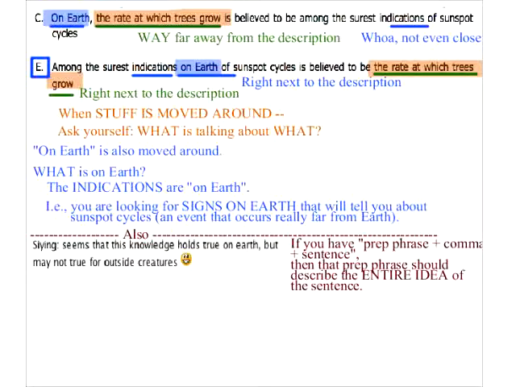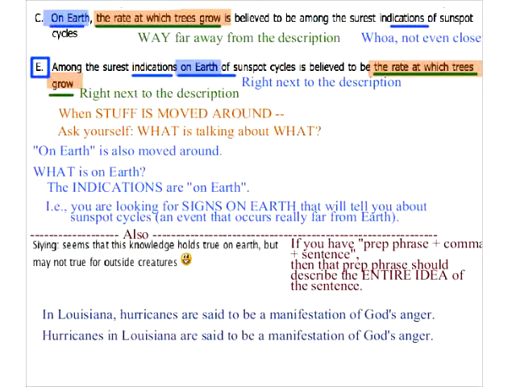If you say something like, in Louisiana, comma, hurricanes are said to be a manifestation of God's anger, versus hurricanes in Louisiana are said to be a manifestation of God's anger. Okay, these don't mean the same thing.